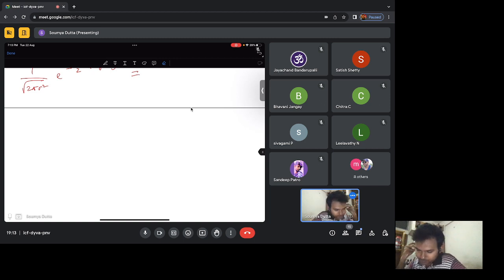Okay, so let me devise a problem here. I'm sorry, I don't have the cancer example with me, so I'm trying to give a different example.